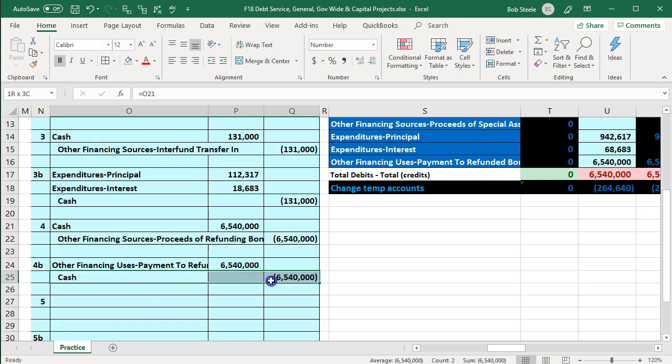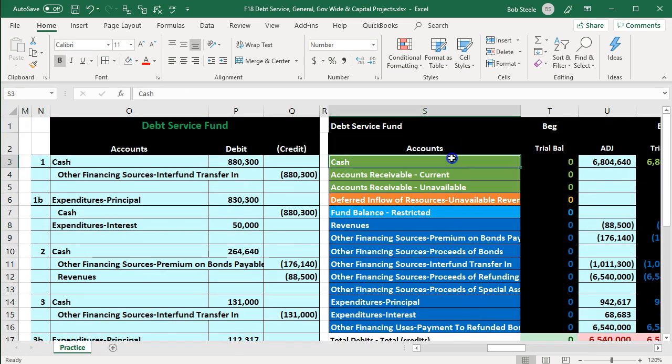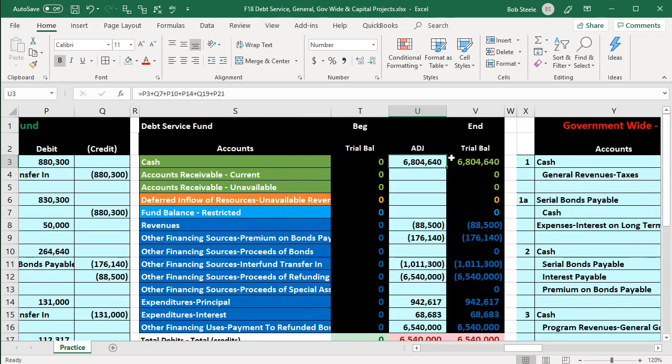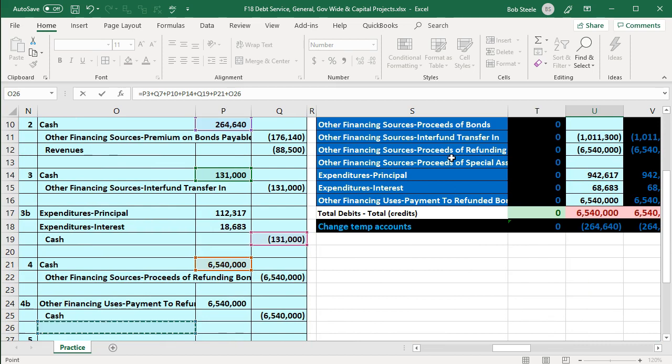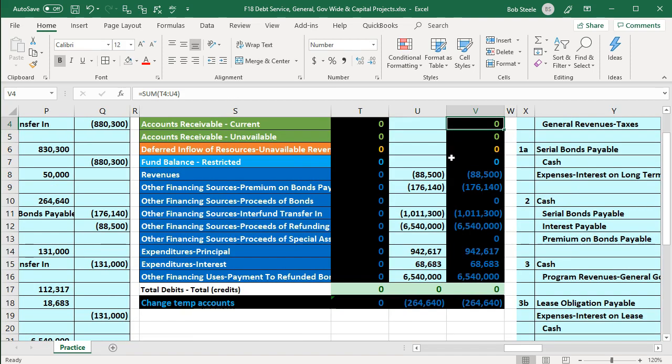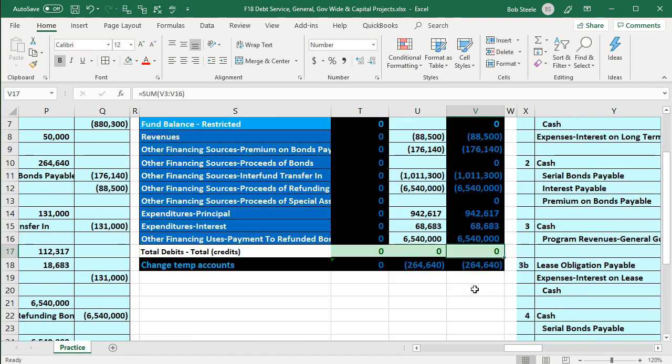And then cash is going to be decreased. So we're going to scroll up to cash. That's in U3. We're going to say F2 plus F2 and then scroll back down. And we will pick up the credit. And there we have that. That then puts us back in balance.